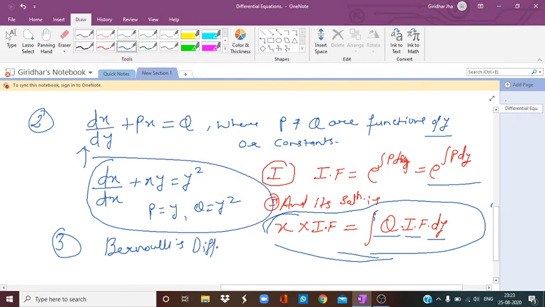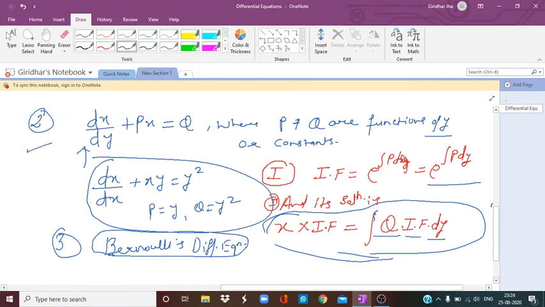This form is also part of differential equations. We have various parts, but these two you have to do. This third one is there for JEE Mains. Those students who are preparing for JEE Main know what Bernoulli's differential equation is, correct? So in the linear differential equation, these three topics are there, and out of these three, we have to do these two only.